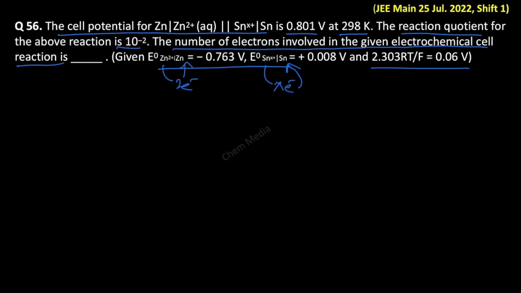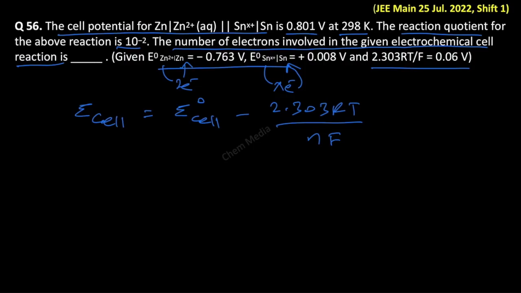We know that the Nernst equation is E cell is equal to E cell standard minus 2.303 RT by nF log Q. The Q value is given as 10 to the power minus 2, and we know that E cell standard is equal to standard reduction potential of the cathode minus standard reduction potential of the anode.